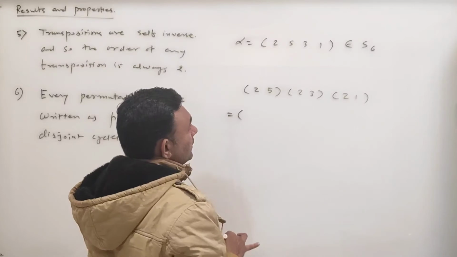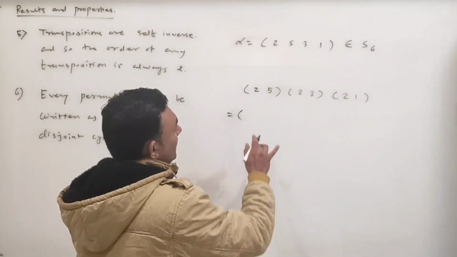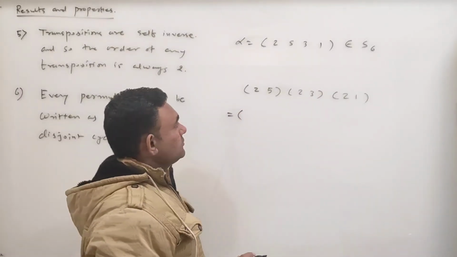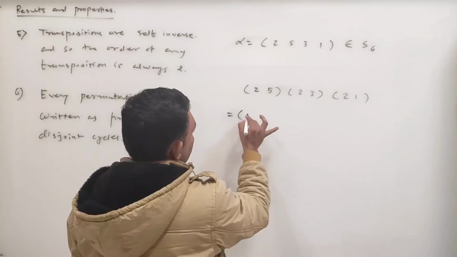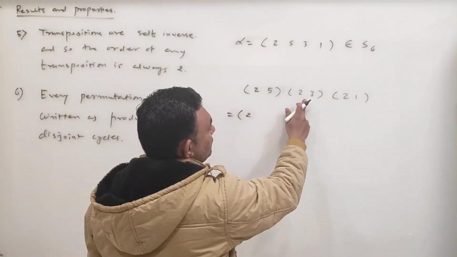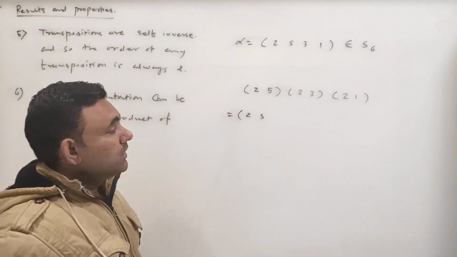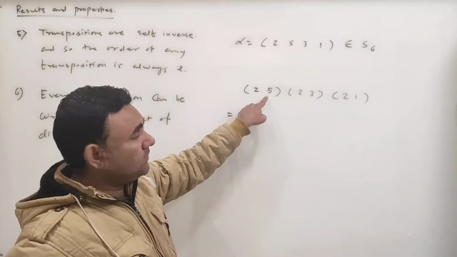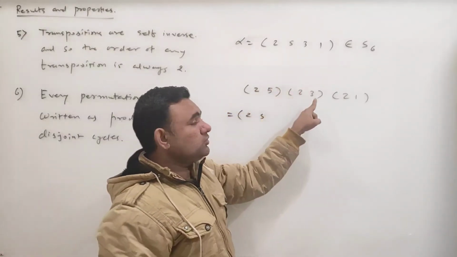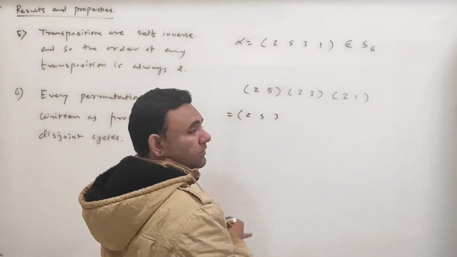You can start with any object, and we are working in S6, so I have 6 objects, right? So let me start with 2. Here 2 goes to 5, 5 goes to 5, 5 goes to 5, so 2 goes to 5. Now you look at the image of 5 in the first cycle. 5 goes to 2, 2 goes to 3, 3 goes to 3, so 3.